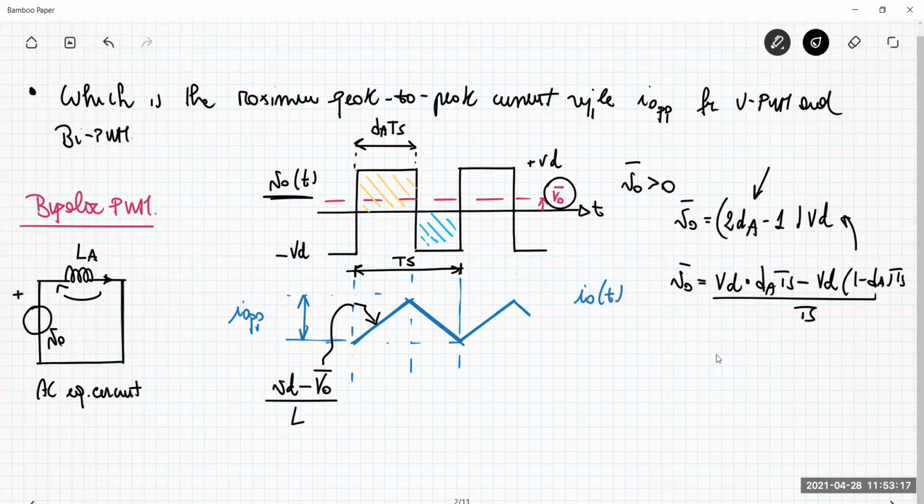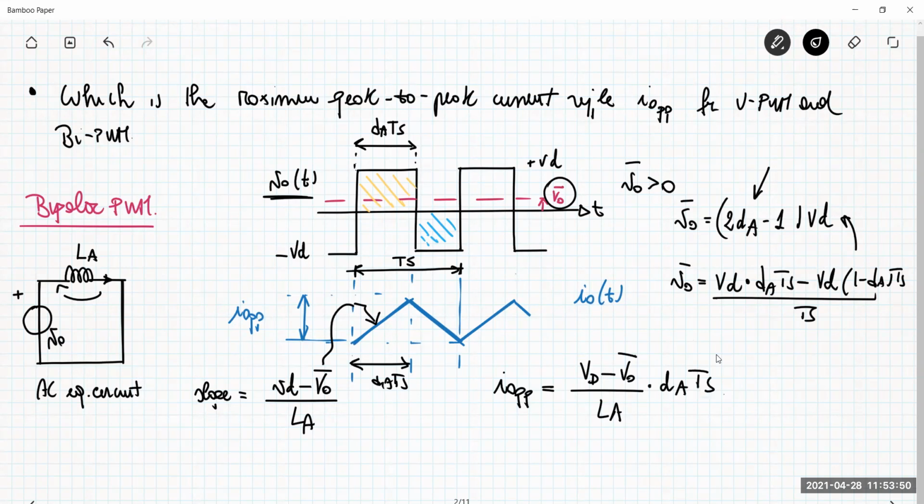What is the ripple? You have the slope, and I know that the slope lasts for this interval, which is dA TS, so we can get the ripple. The peak-to-peak ripple is (Vd minus V0) over LA, multiplied by dA TS.